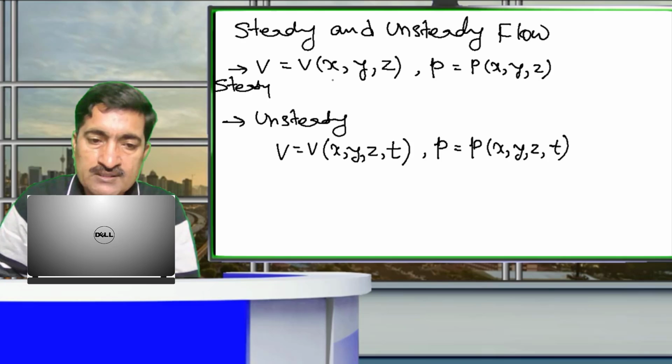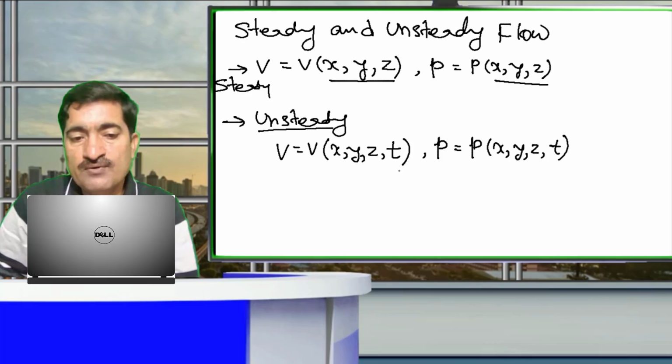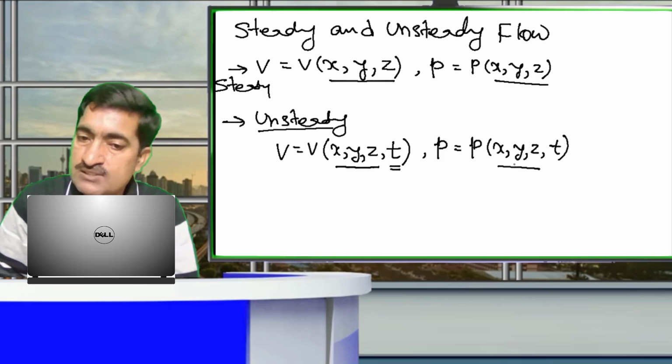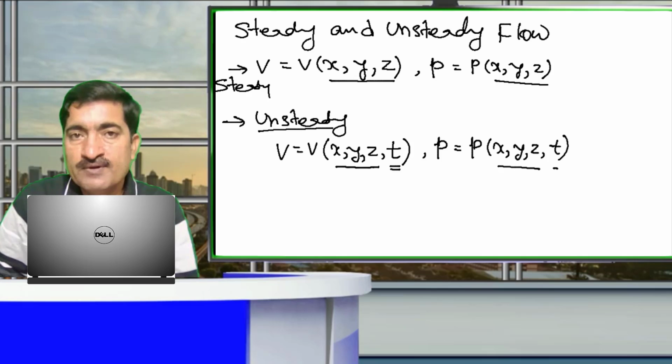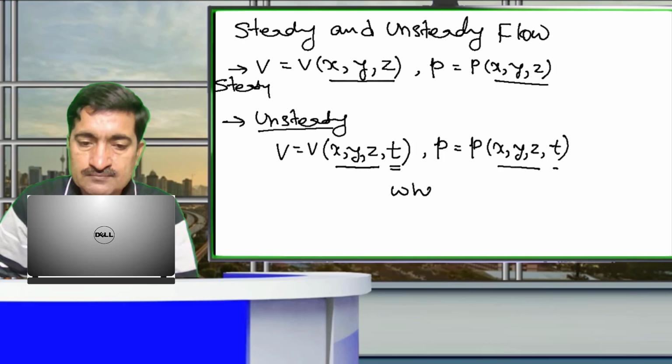Means in steady flow it only depends on coordinates x, y, z. In unsteady flow, velocity is a function of coordinates and time. Similarly, pressure or other property also depends on coordinates and time t, where t is the time.